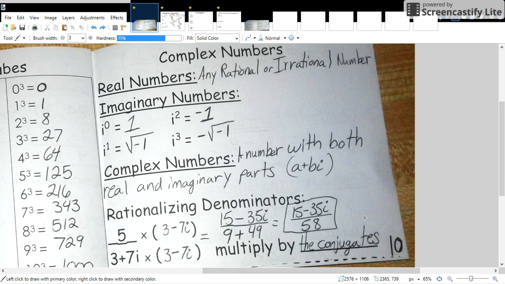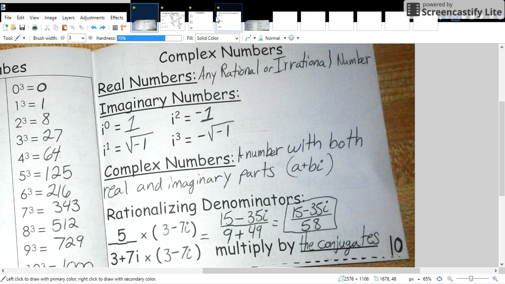Again, the denominator is basically the name of our fraction, and we want our names to be very simple, without the i's or the radicals or anything like that. We just want a rational number at the bottom. So this would be our rationalized form.